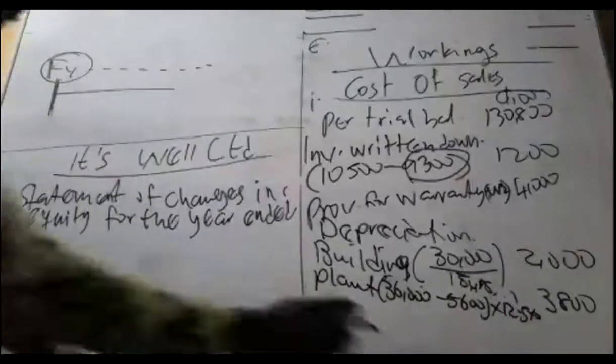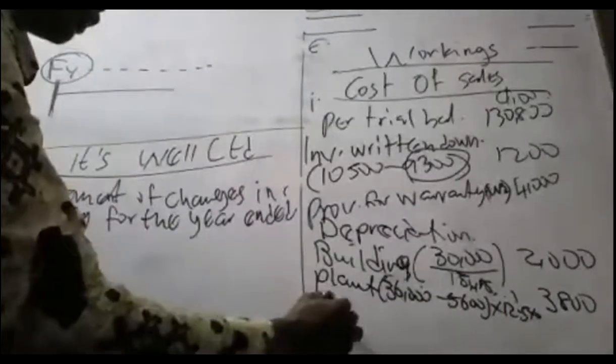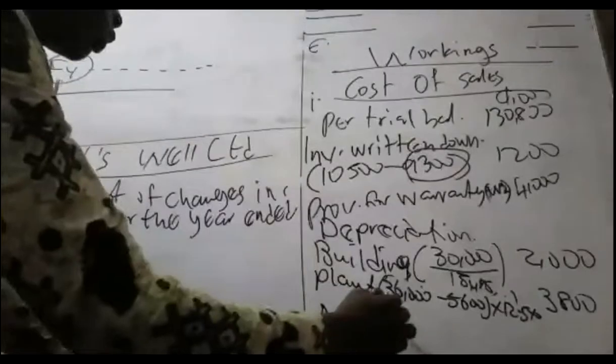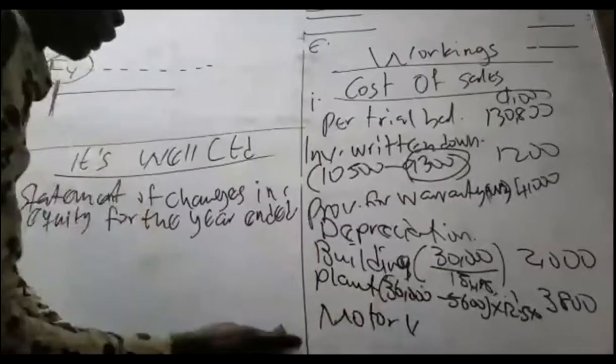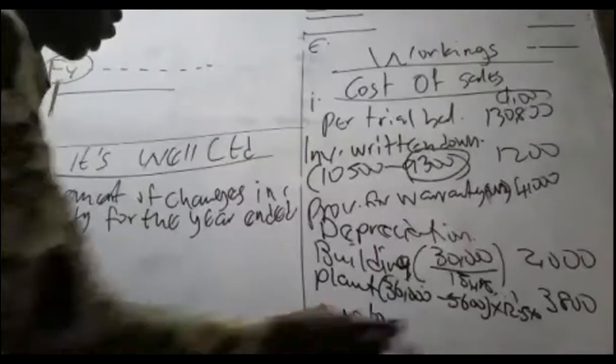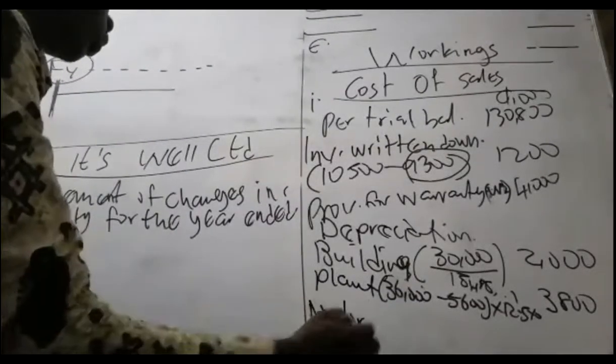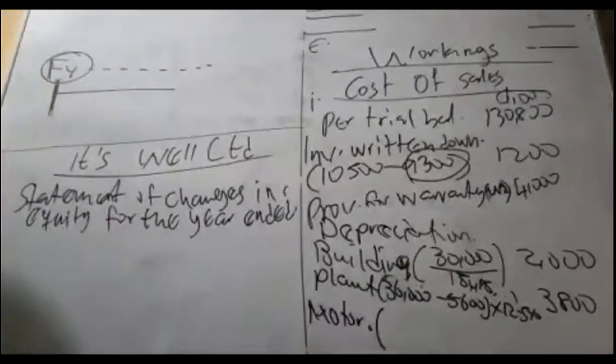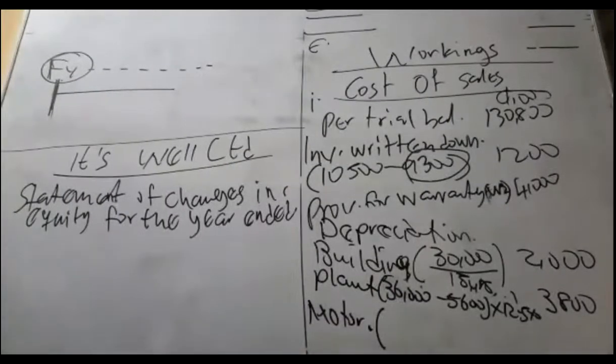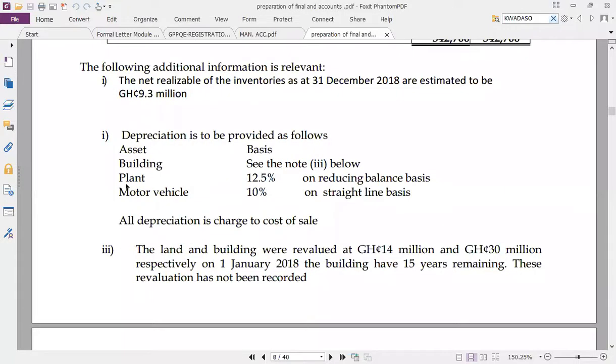Now the next asset on the list is the motor vehicle. Motor vehicle is on straight line basis, 10%.